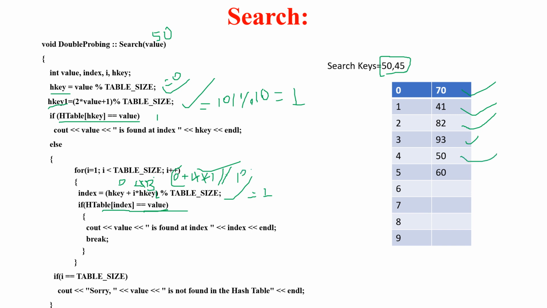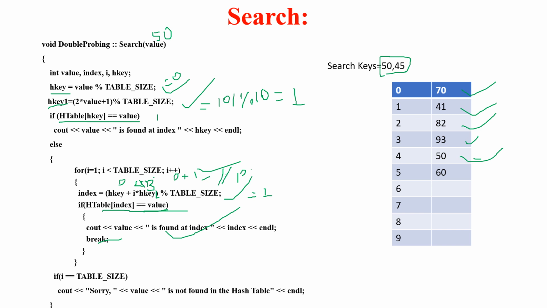Check whether the fourth index is equal to 50. Yes, this is true. Now you print that 50 is found in the hash table, and you break, meaning you come out of the loop.